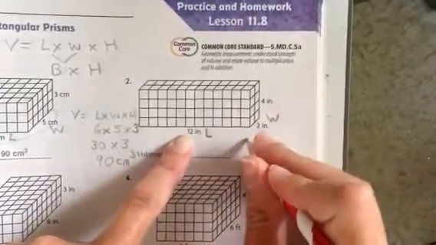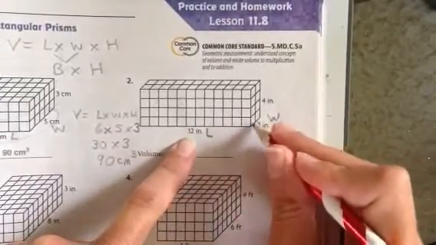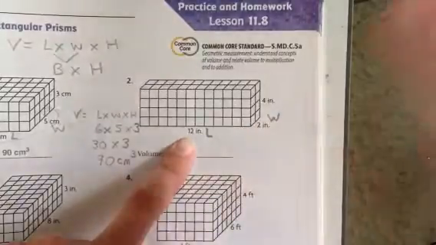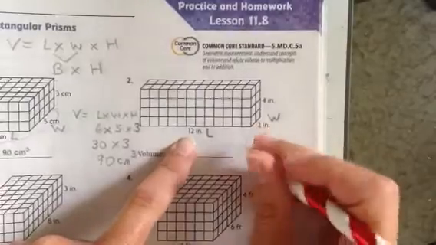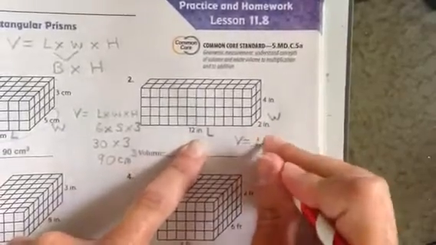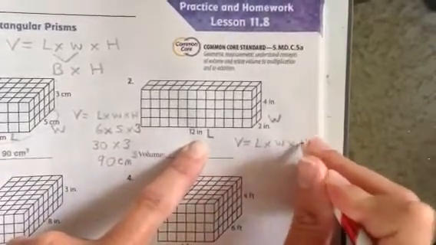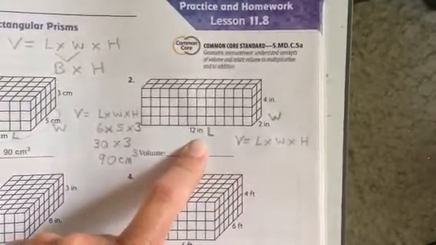The length is how long it is. The width is kind of like the depth of it, how wide it is. Volume equals length times width times height. So I want you to get used to doing that, writing that formula out in your notebook.